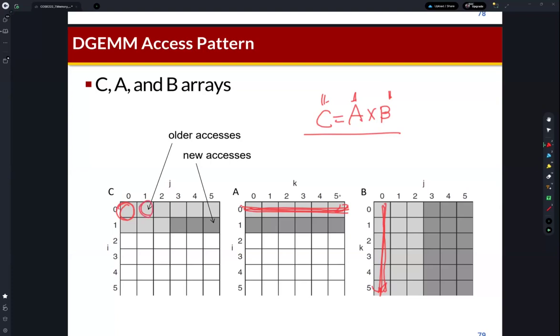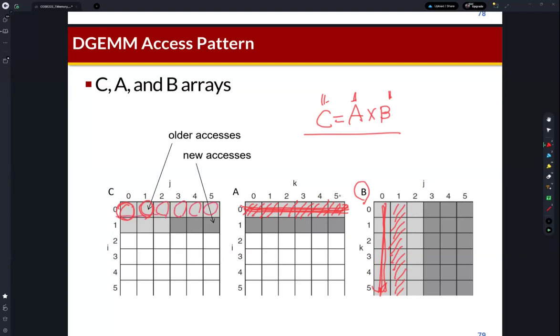We just perform the product between this row of matrix A and this column of matrix B, right? Then we can compute the next element. Then what is required? For matrix A, the same row will be requested. How about matrix B? The next column will be requested. Then the next element.